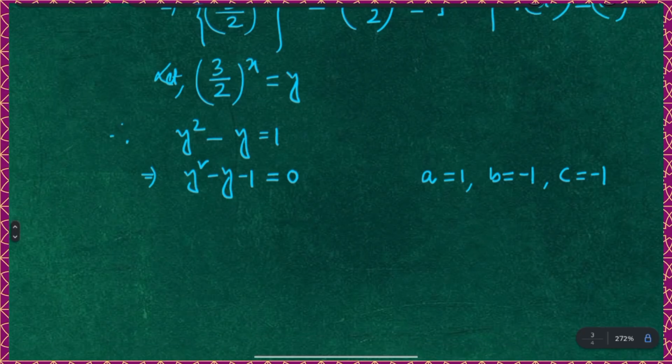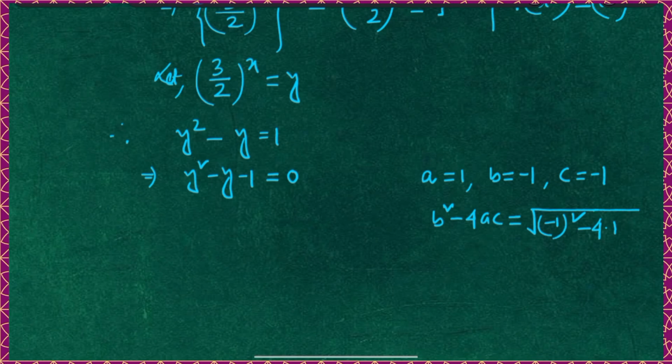Now we calculate the discriminant at first. b square minus 4ac is (minus 1) whole square minus 4 into 1 into minus 1. That means 1 plus 1, that means root over 5.